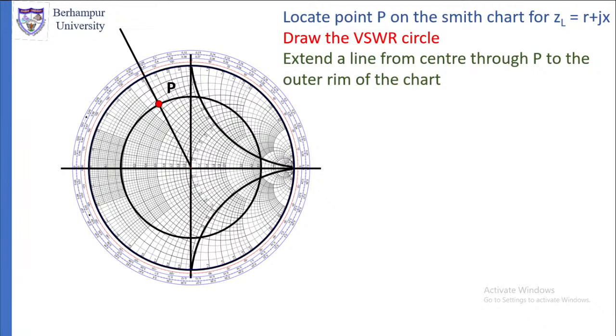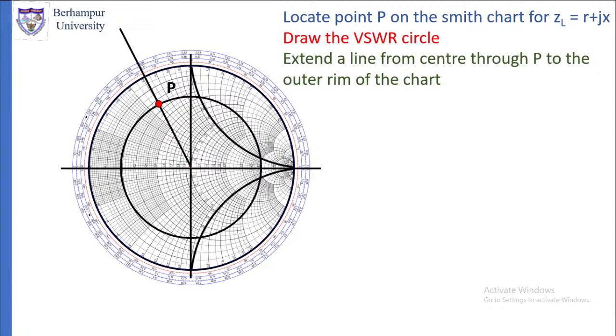So from point P, move in the clockwise direction till we reach the horizontal line. Okay, so we will do that later. I will tell you how to do that.